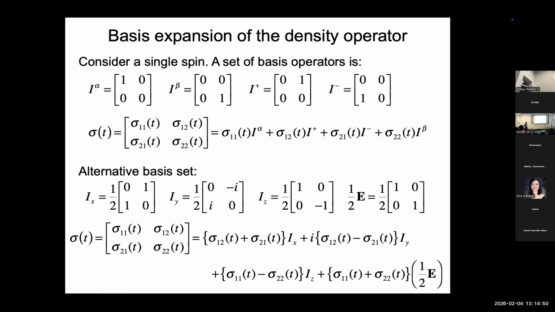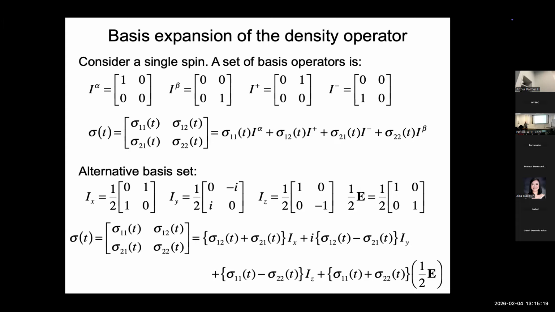So we'll interpret those, and there's probably some pictures coming. I plus represents a coherence between the state beta and the state alpha, because in quantum mechanics, I plus takes the magnetic quantum number from -1/2 to +1/2.